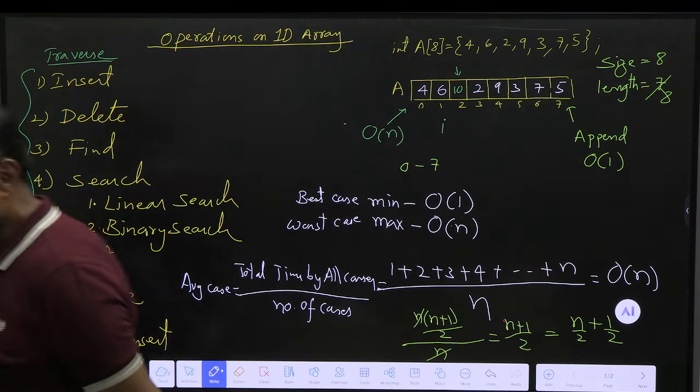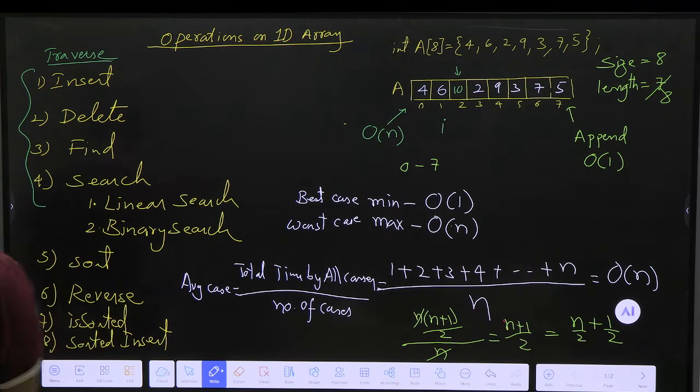If the size of a list is n, then there are n cases. It means we can insert at n different places.